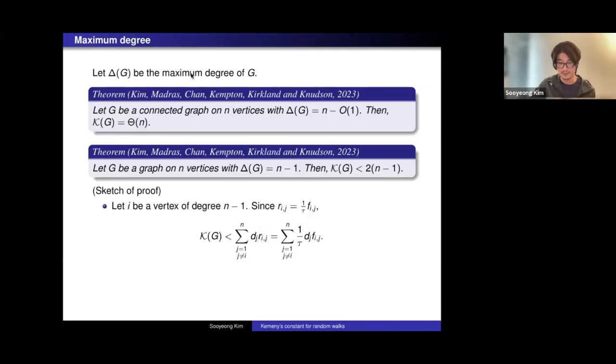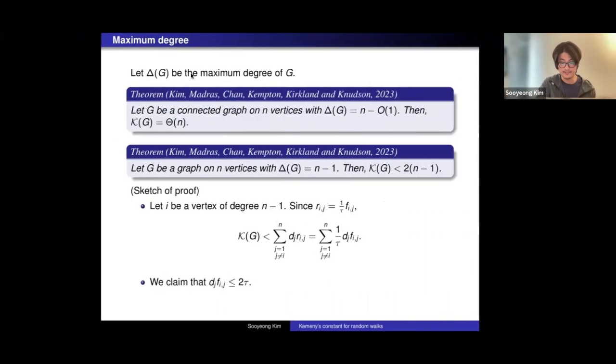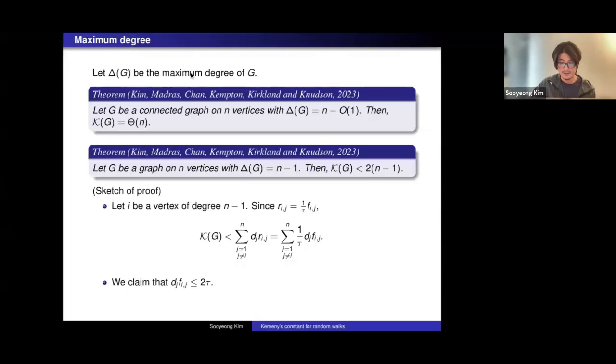So let's focus on this expression. I claim that d_j times f_ij is less than or equal to 2 tau. If so, the right-hand side becomes a summation of 2, which is going to be 2 times n minus 1, right?